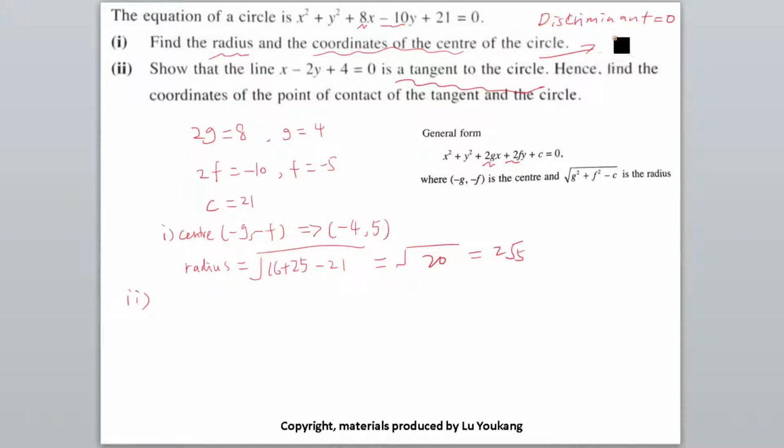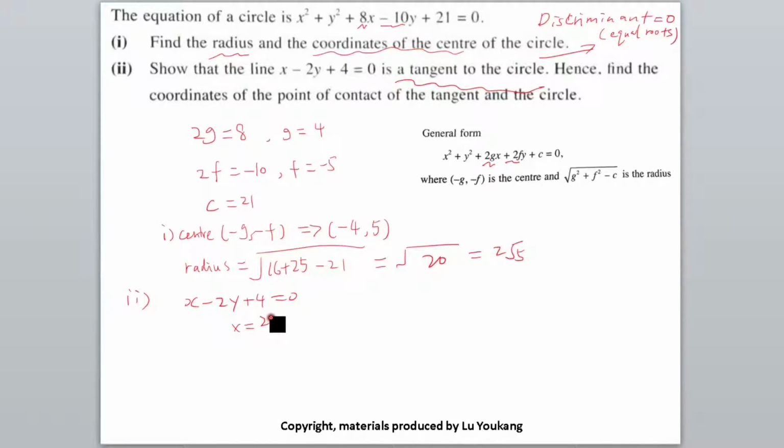If there is one solution, the discriminant is equal to 0. So let me refresh some of the key concepts of discriminants. Over here you have one root, therefore it's an equal root, therefore the discriminant is equal to 0.